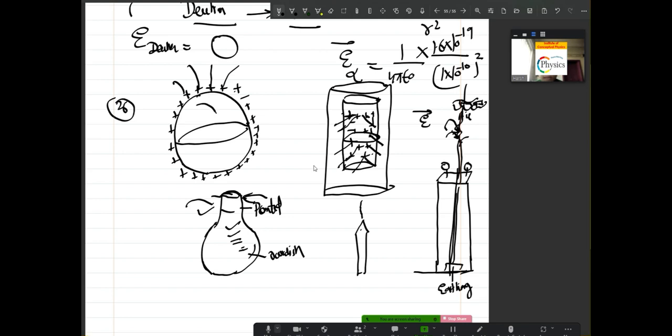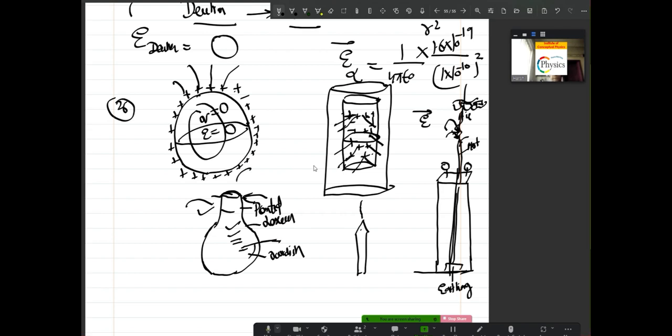There is no charge which can reside inside a sphere, and the electric field inside is also zero. If you notice, this is the most pointed. This is lesser pointed. It has roundish parts.